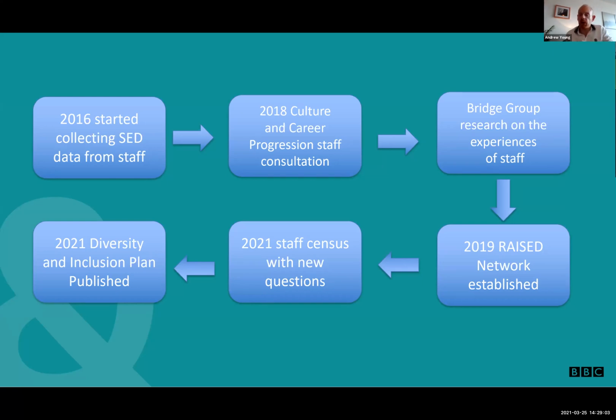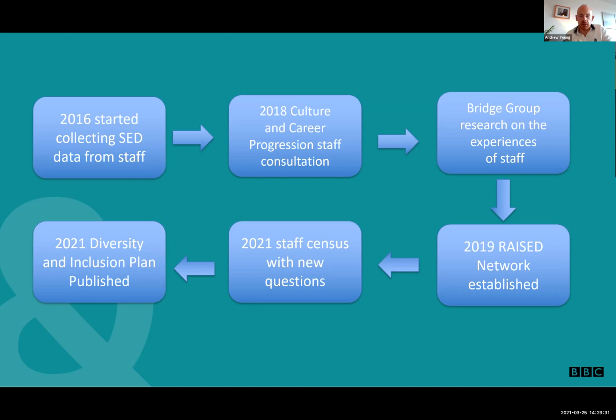Of course, the main one is parental occupation, and if we did set a target, that's what it would be on. But we've swapped in the free school meals question because I think there is a real benefit of having that question. We've got quite an international workforce, so it's not totally appropriate for everybody, but it did feel like a better fit than the parental education one.